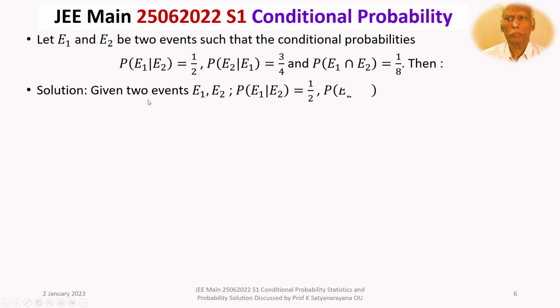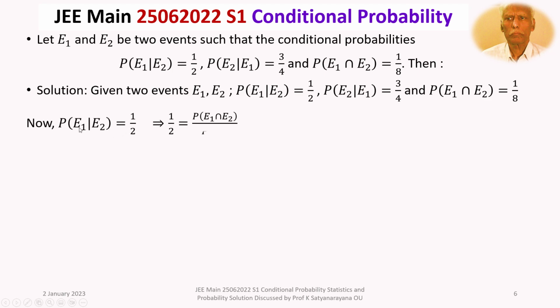We are given two events E1 and E2, and their conditional probabilities are probability of E1 given E2 is 1 by 2, probability of E2 given E1 is equal to 3 by 4, and probability of their intersection E1 intersection E2 is 1 by 8. Now let's first take the probability of E1 given E2, and we know the formula is probability of E1 intersection E2 by probability of E2.